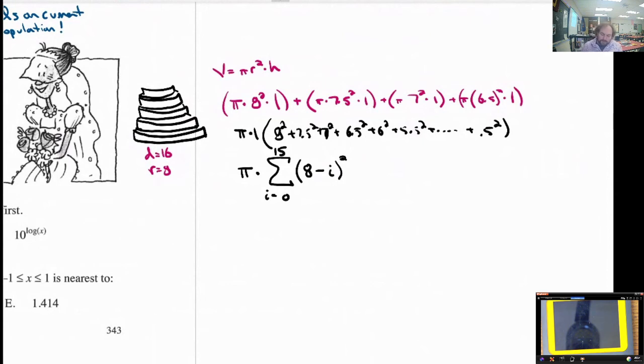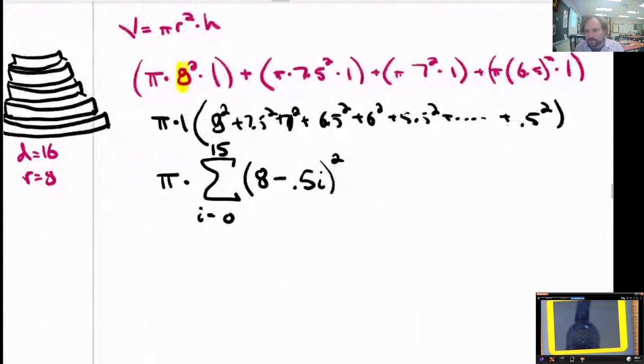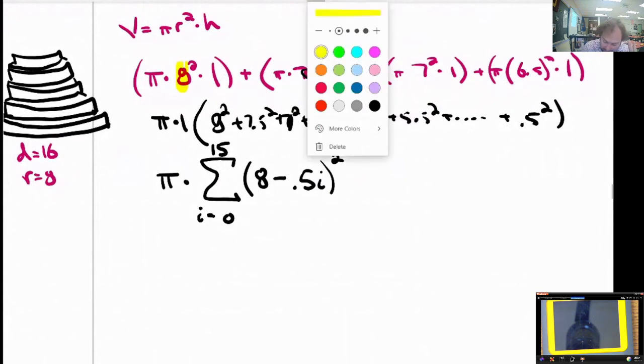Because the first one is i equals 0, and that will be your 8. The next one is i equals 1. Oh, sorry. I don't want to subtract the full thing. I want to subtract 0.5i. There we go. Because if i is 1, then now I'm going to subtract 0.5, and that gives me 7.5. If i is 2, now I'm subtracting 1, and that gives me 7.